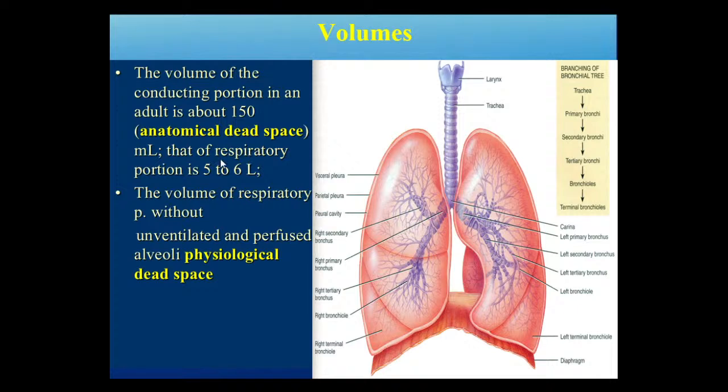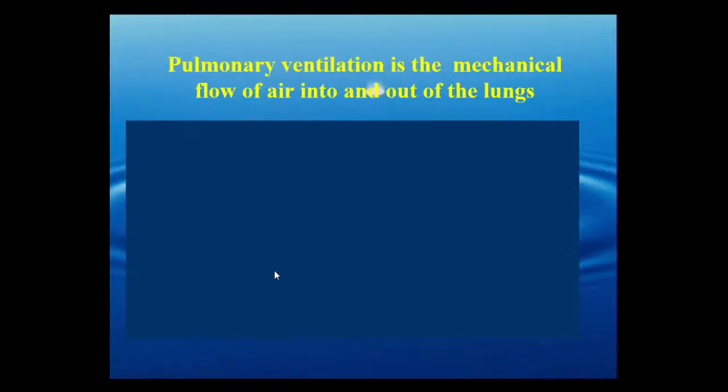So we have two types of dead space: anatomical dead space, because anatomically exchange of gases in this portion cannot occur, and physiological dead space, because in this case we have alveoli where usually gas exchange occurs, but these alveoli can be unventilated or not perfused, and in this case gas exchange does not occur in these alveoli. That's why we call this space physiological dead space.